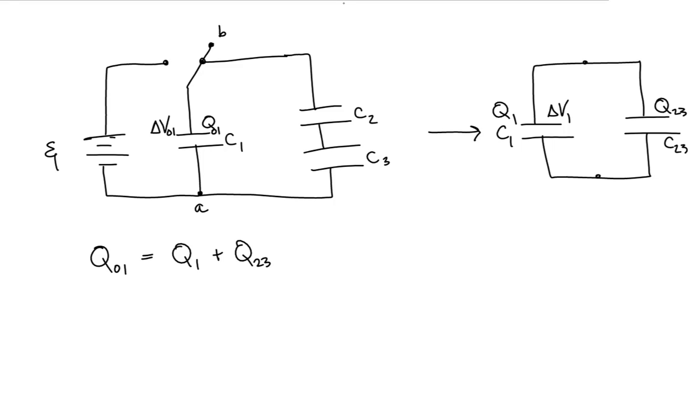Now, here's a tricky thing about this circuit. Are these capacitors in series? Are they in parallel? It's kind of ambiguous because it's just a single loop. It's both in series and in parallel, right? Because they both share 2 points in common and they both go one right after the other. So it's a little bit difficult to say.